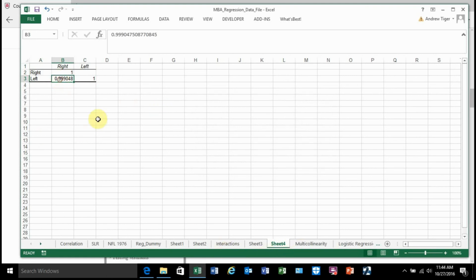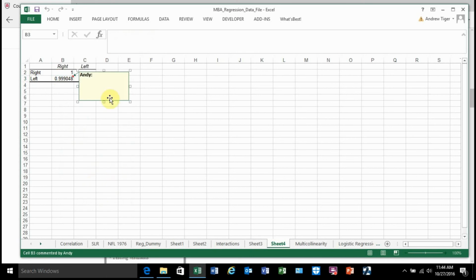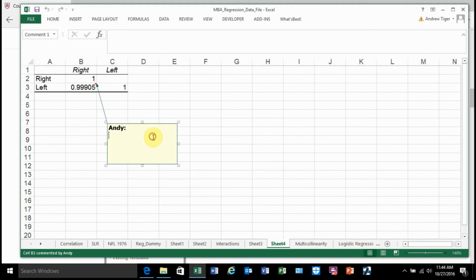If your correlation is over 0.9, then that means you need to take action. If the independent variables have a correlation coefficient that's greater than 0.9, then take action.